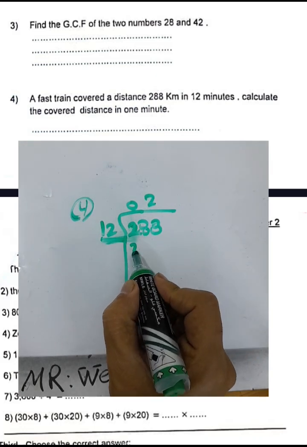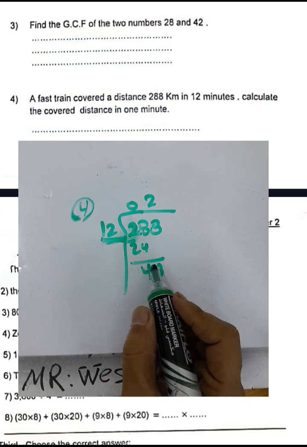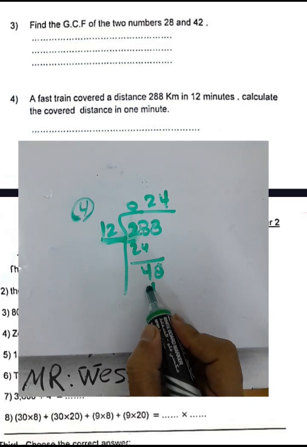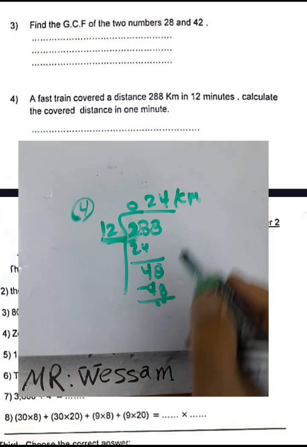Find the difference and then drop 8. 48 divided by 12, it will be 4. Then we can write the result will be 24 kilometers in 1 minute. Okay, the result will be 24 kilometers.